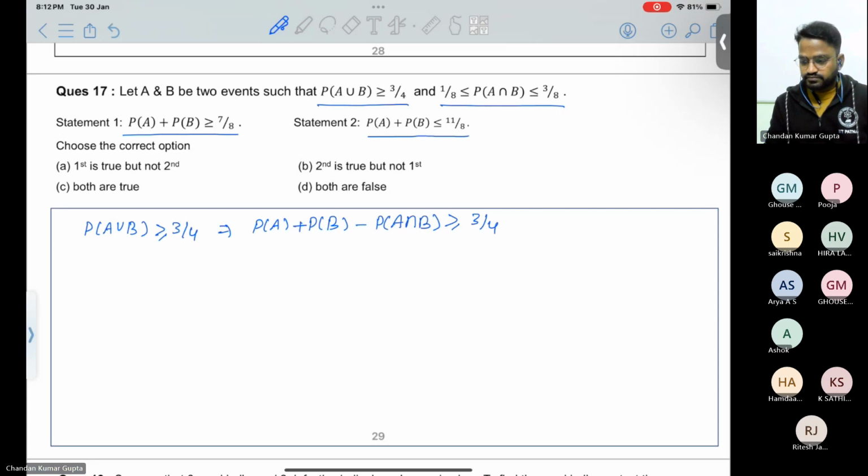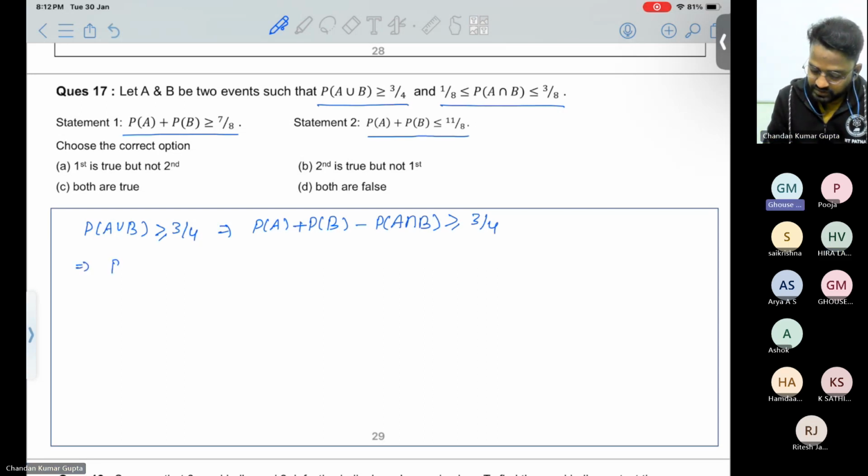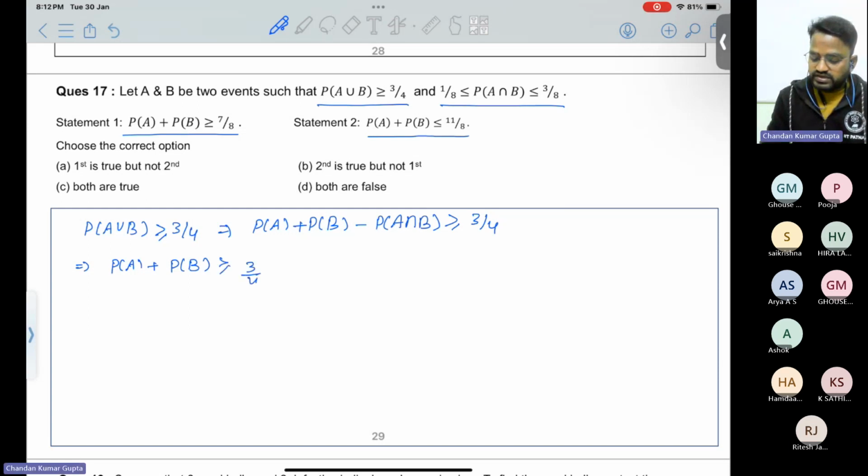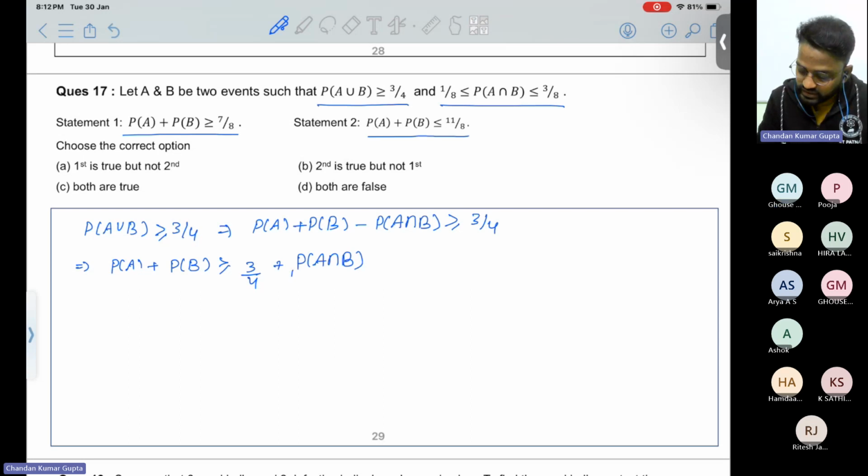Is it given? Yes. This implies probability of A plus probability of B is greater than or equal to 3 by 4 plus probability of A intersection B. Okay, now we have some bounds for this here.